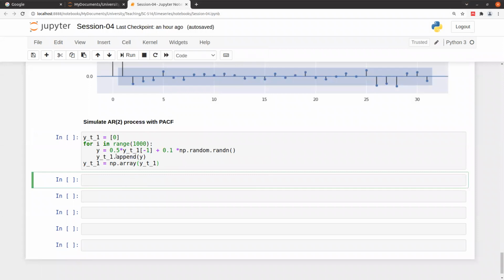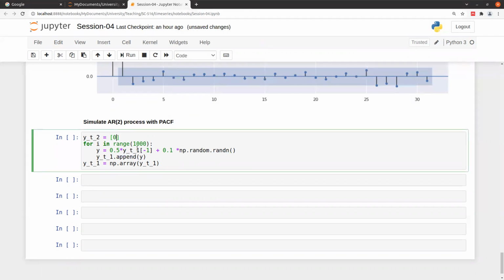Then how do we alter this? Is it 1 initial value or 2 initial values? What do you think? This is an AR2 process. In that scenario, there should be 2 previous values to initiate the process, right? There should be 2 initial values instead of 1.